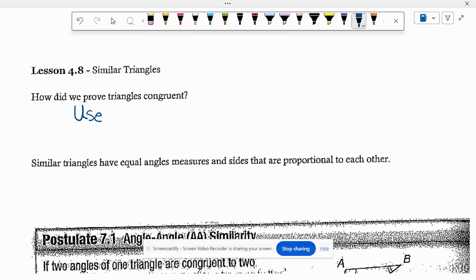Well, the first one you learned was side, side, side. And then what did you guys learn after that? You learned side, angle, side next. Then you learned angle, side, angle, and angle, angle, side. The last congruence proof that you guys learned was specifically geared for right triangles.